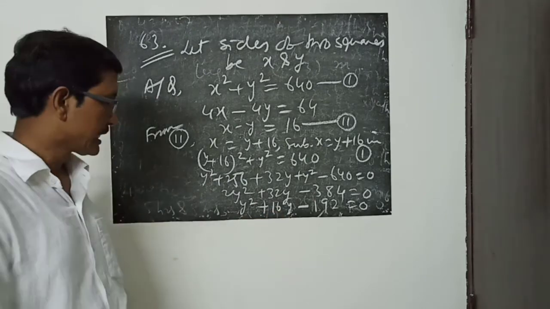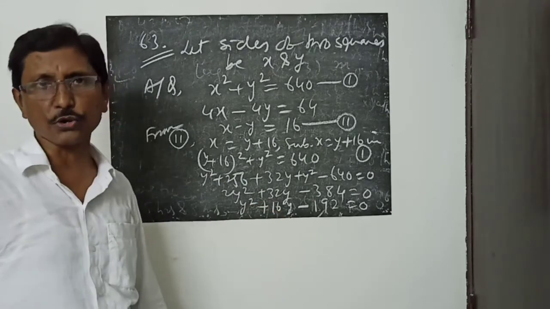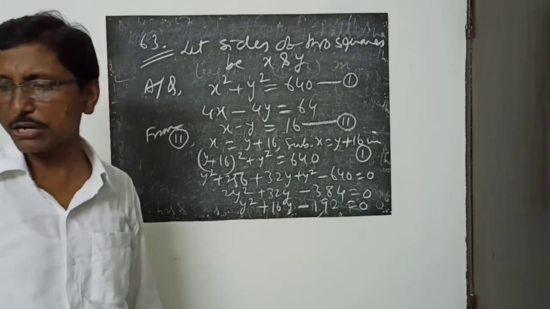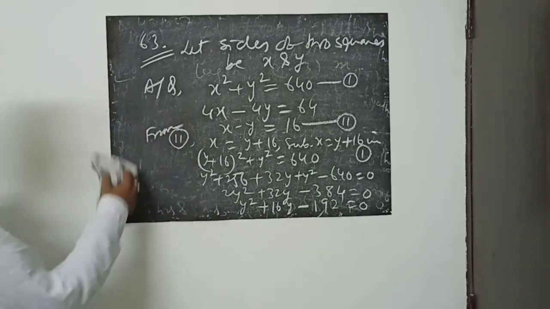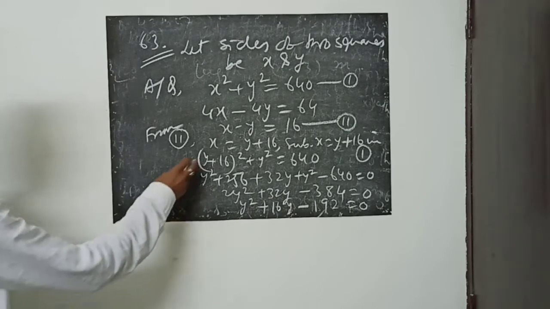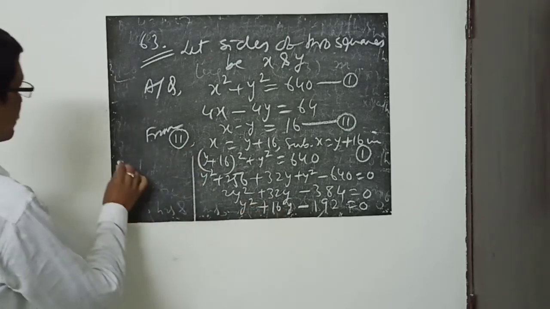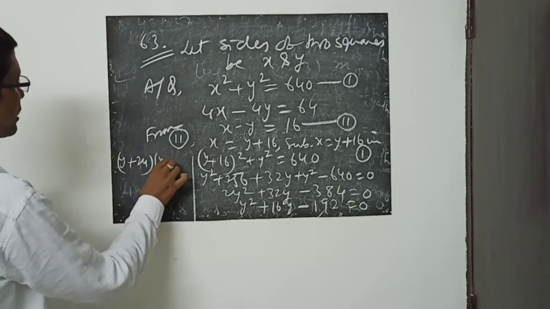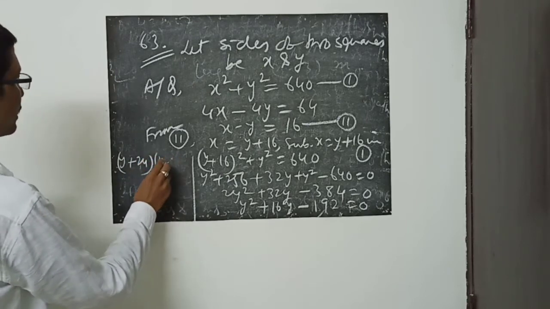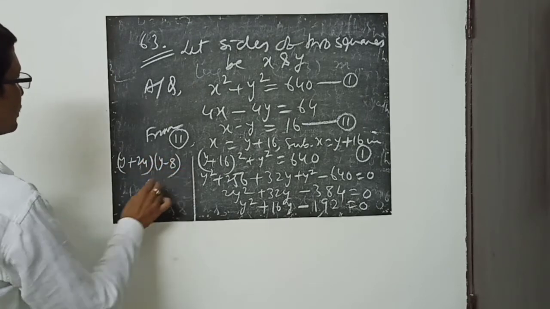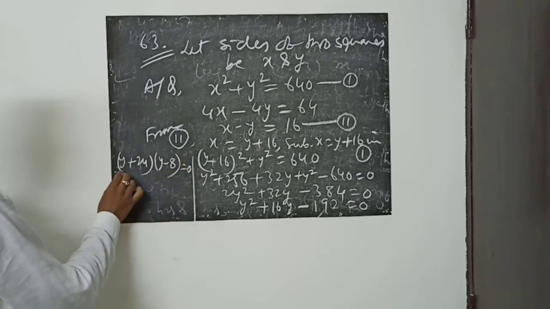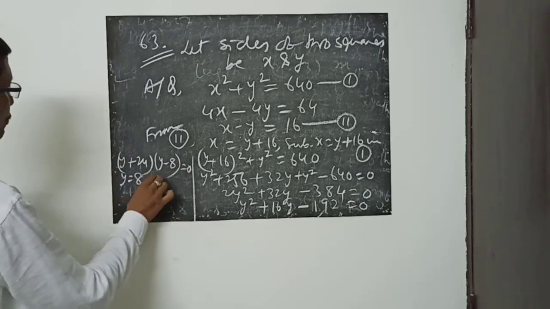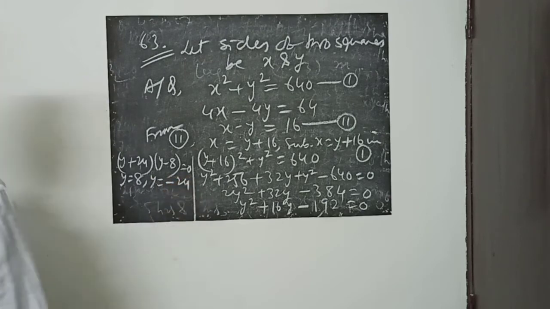If you do it, you will get 24 and 8, and 24 times 8 is 192. So after solving, you will get y plus 24 and y minus 8 equal to 0. So ultimately y equal to 8 or y equal to minus 24.